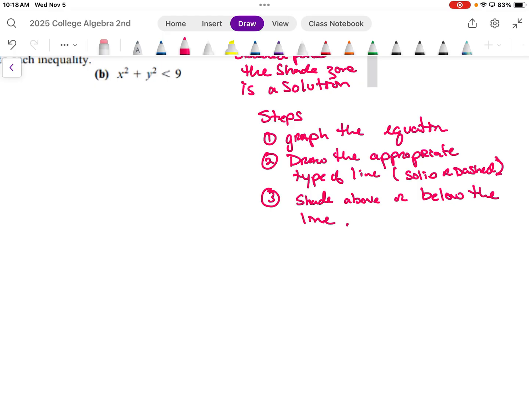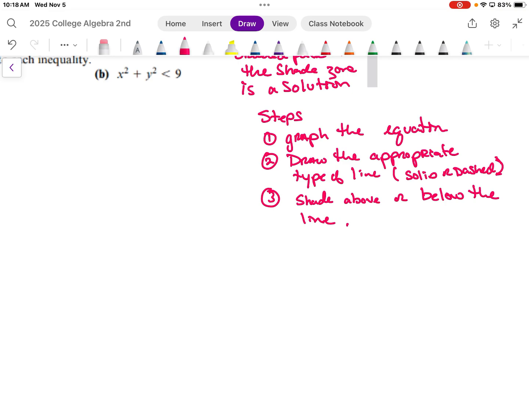They can get more specific, and some have extra little sub-steps, but that's more or less what we have to do. First, we get ready to graph the equations. As I go to draw the line, I need to draw either a solid line or a dashed line. And then I have to shade above or below. I'm going to tell you in a moment how you know which to do.